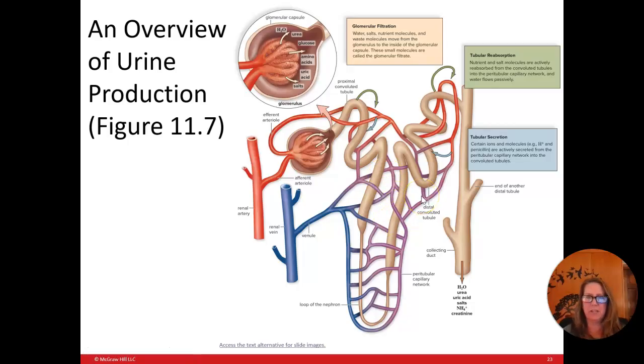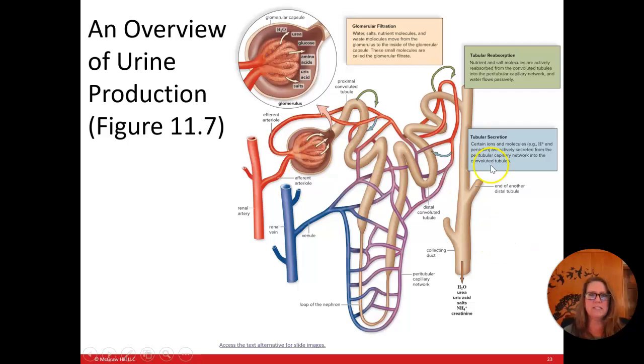Let me say that a different way. Tubular secretion, we are going to move it from the paratubular network back into the convoluted tubules. And so what this means is that we are going to get rid of it. So this is when essentially the penicillin would be traveling through this convoluted tubule and then out the collecting duct. And we can see that hydrogen ions are going to do that as well.